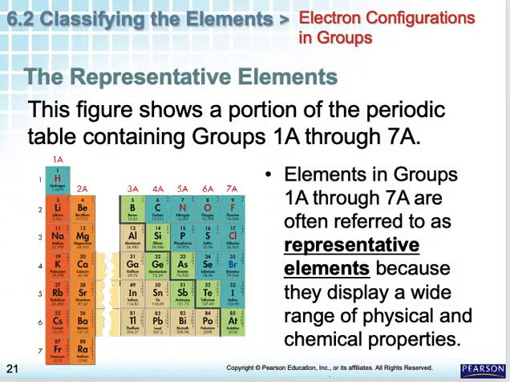Representative elements are the elements that are in the S and P blocks only, or if you're using just the red numbering, it would be 1A through 7A. You'll notice that 8A is not included, and that's because they do not display a lot of chemical properties. So it's groups 1A through 7A for the representative elements.